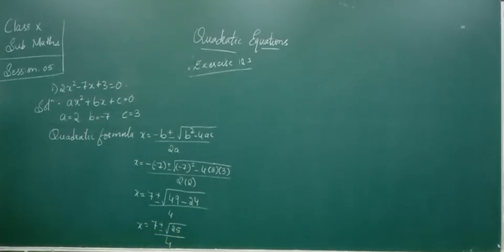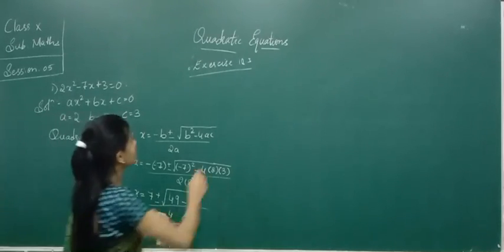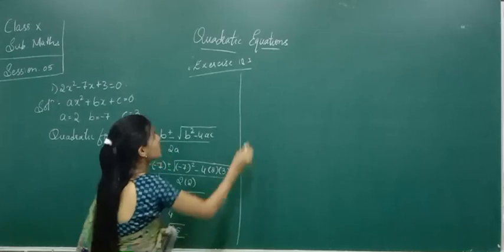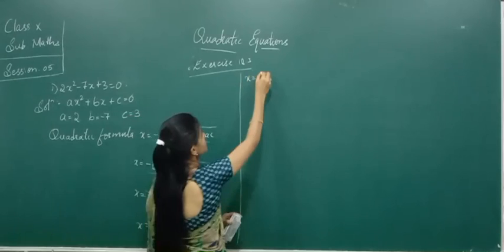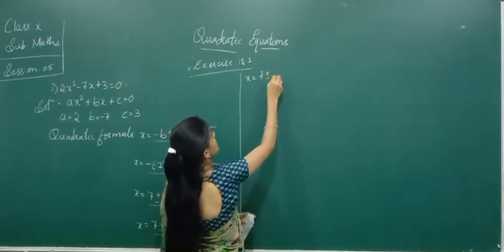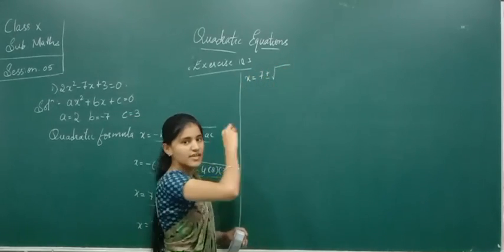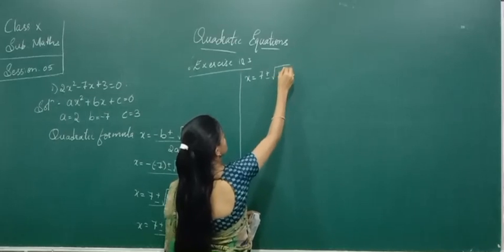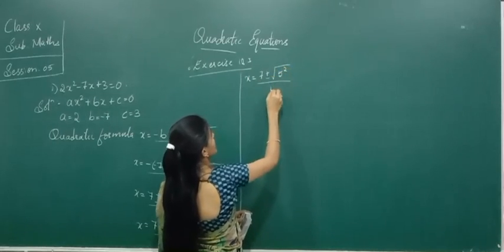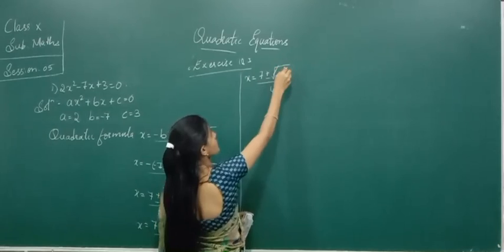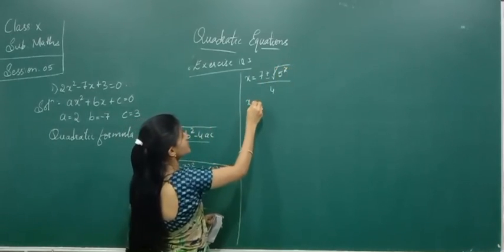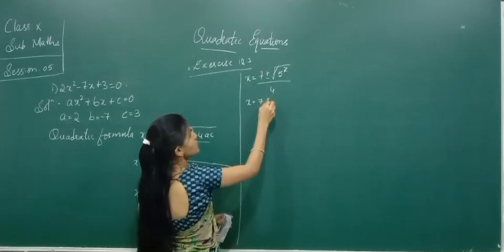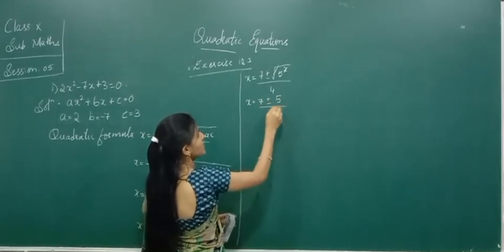Right? 7 plus or minus root of 25 divided by 4. Then what will be x? See. X is equals to 7 plus or minus root of 25 can be written as 5 square divided by 4. Now square root and square is going to get cancel. I am left with x is equals to 7 plus or minus 5 divided by 4.